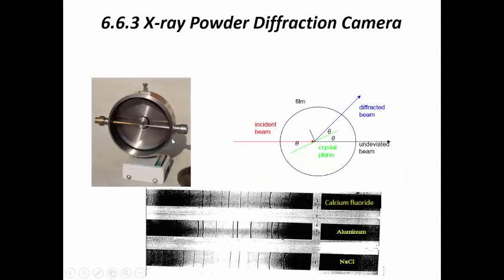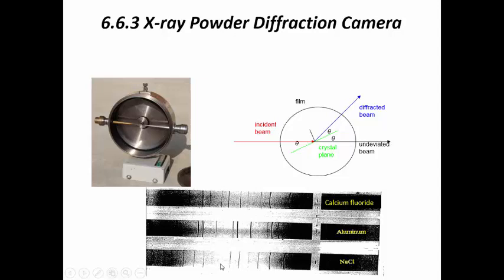Here's a picture of an X-ray diffraction camera, a very simple photographic one. The film is around the edge here, and we've undone it and flattened it out for sodium chloride, aluminum, and calcium fluoride.